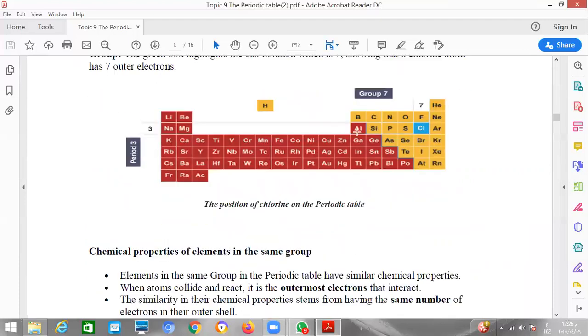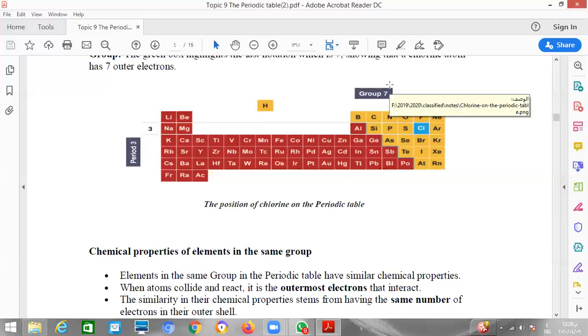As you see here, the copy of the periodic table. But I need to say something about hydrogen. Sometimes you will find hydrogen in the middle of the periodic table, sometimes with group number 1 on the left, and in some copies of the periodic table, on the right.